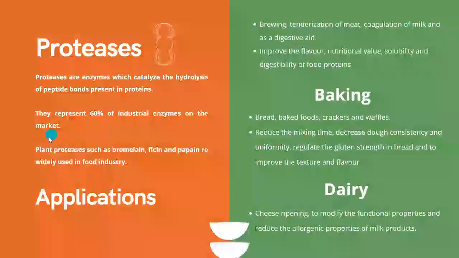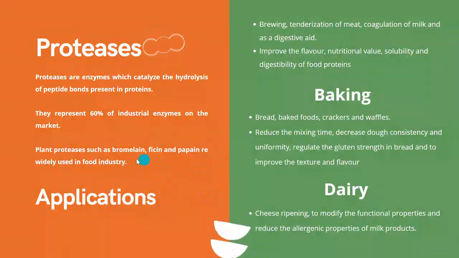And plant proteases such as bromelain, ficin, and papain are widely used in the food industry. So these are the three major enzymes which are used in the food industry, and these enzymes are obtained from plants basically, right?